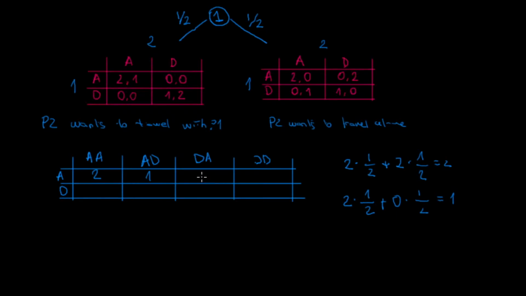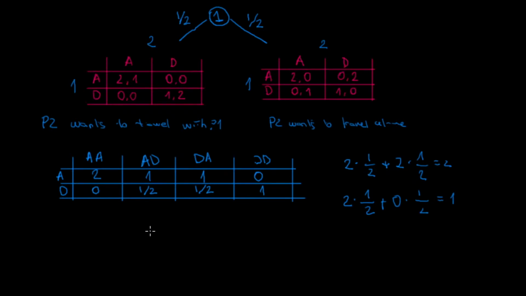Here also we have 0 and 2, so 1 and 0, 0, 0. Here we are going to have 0 and 0. Now Australia, Denmark, so 1/2. Denmark, Australia, 1/2, and Denmark, Denmark, 1.